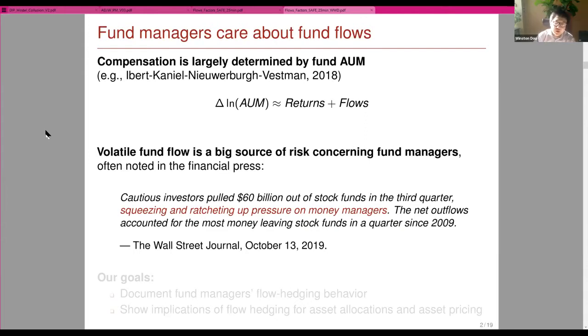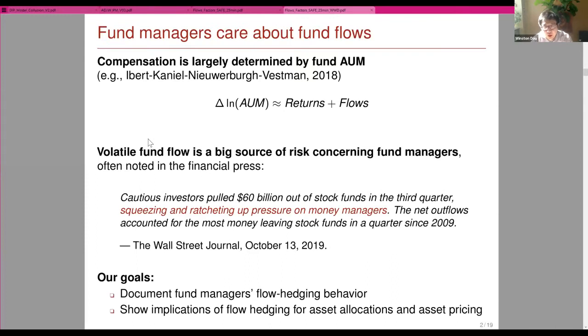So actually in our paper, we dig into the data. We see the systematic volatility of the fund flow component and the systematic volatility of the fund return component are really comparable. Of course, the return volatility will be bigger, but they are on the same level.